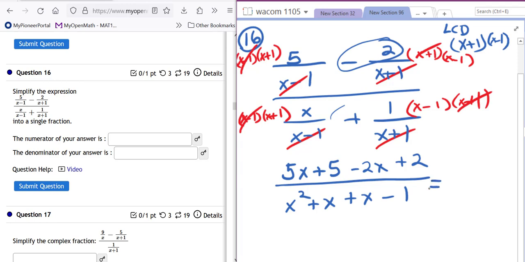All right, so numerator, 5 minus 2 is 3x plus 7. No factoring we can do there. And this one is giving us x squared plus 2x minus 1. This is not going to factor to reduce.